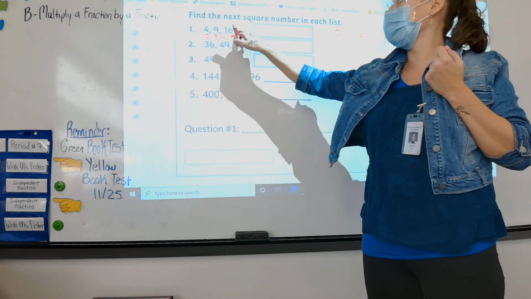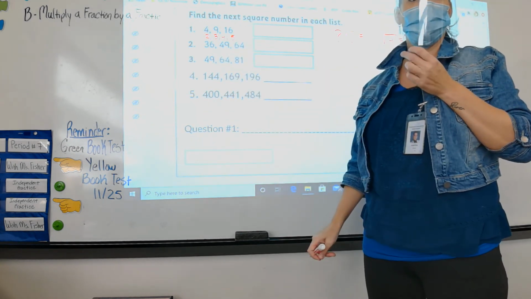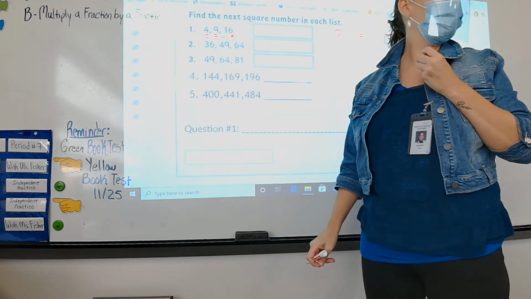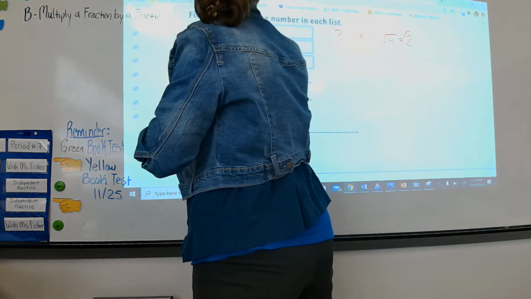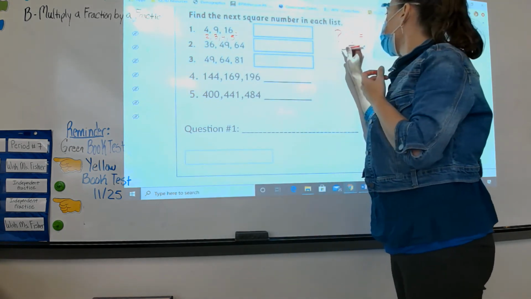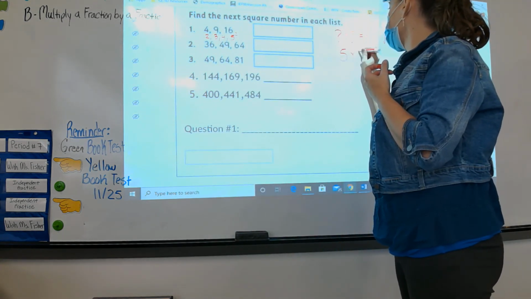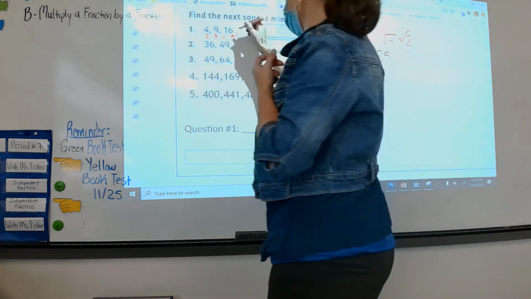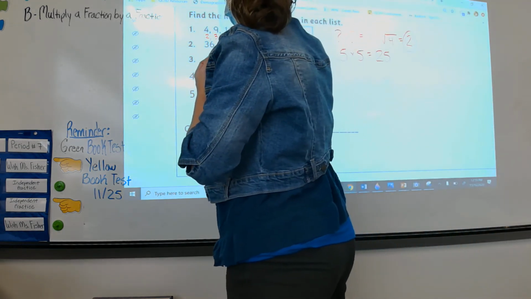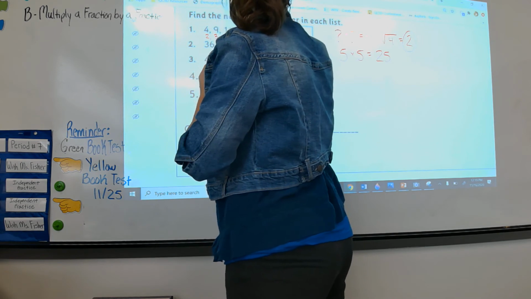Times it by 5. So I got to square my 5. So I'm going to say 5 times 5 gives me what? 25. So the next number in this series is 25.